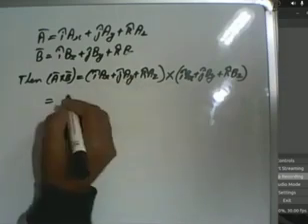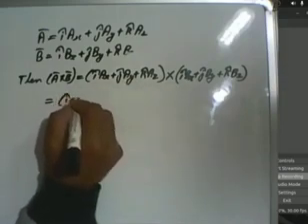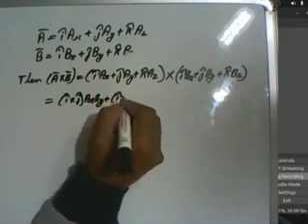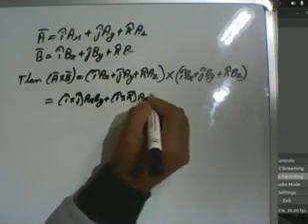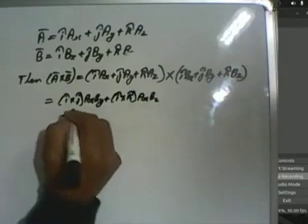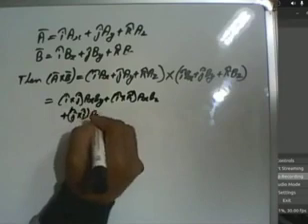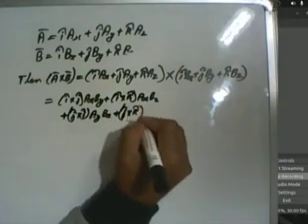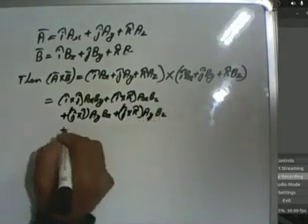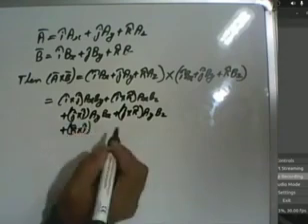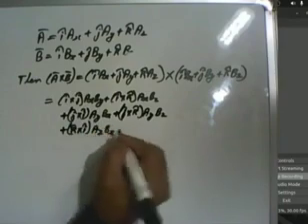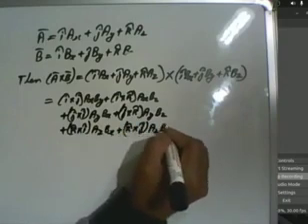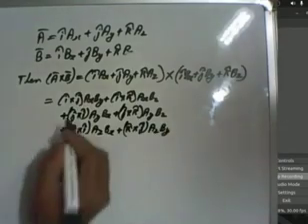So we have the terms I cross J AxBy plus I cross K AxBz plus J cross I AyBx plus J cross K AyBz plus K cross I AzBx plus K cross J AzBy. Only the cross terms remain.